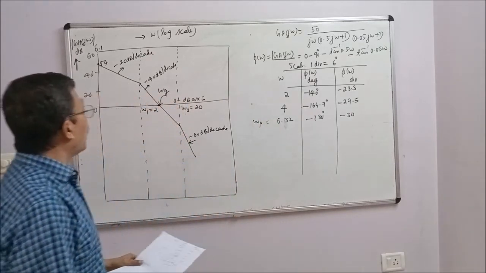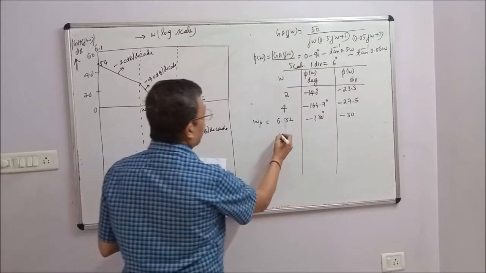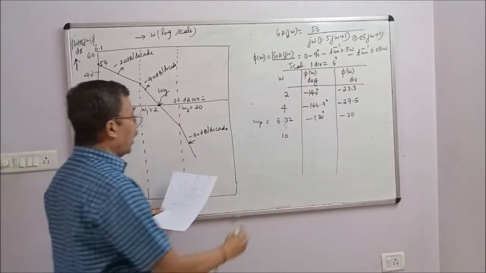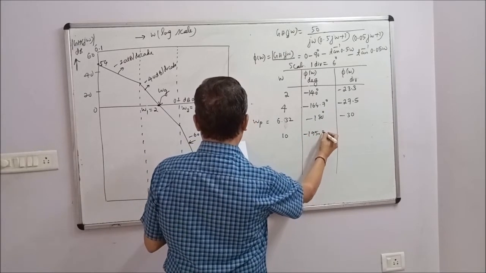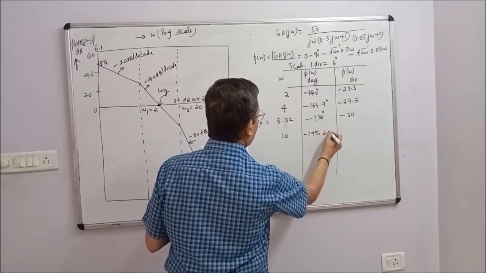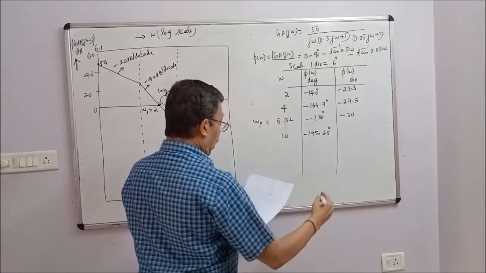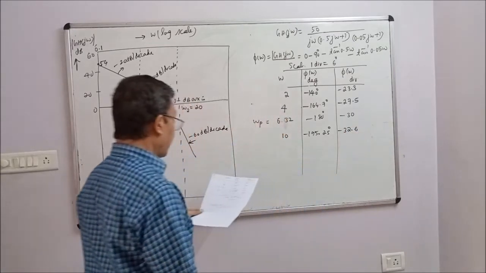Omega p is 6.32. Then 10. When omega is 10, you will get the angle minus 195.25 degrees. Divide this by 6. Approximately you will get minus 32.6.